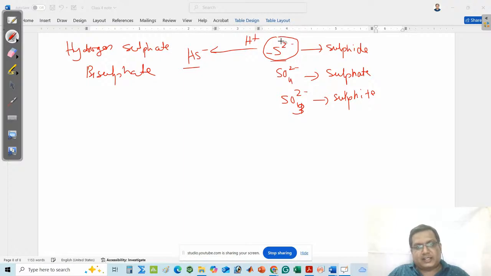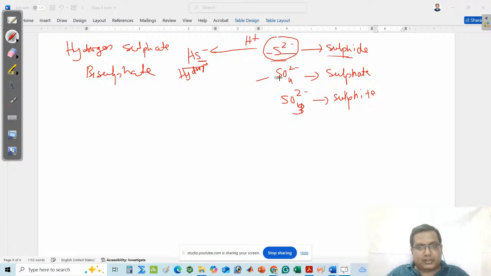There are two negative charges, one positive charge here. If you cancel, then one negative charge will remain. That means here HS minus. This is the name of hydrogen sulfide. Then what will be the name of this? This is your hydrogen sulfide. Here you can say bisulfide, hydrogen sulfide.